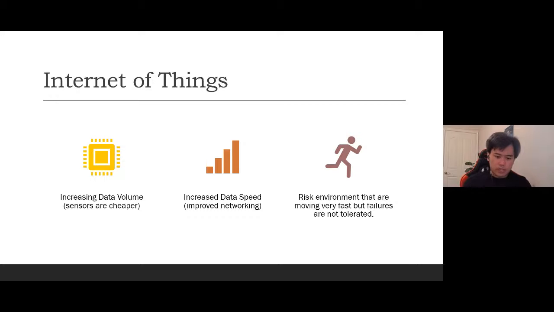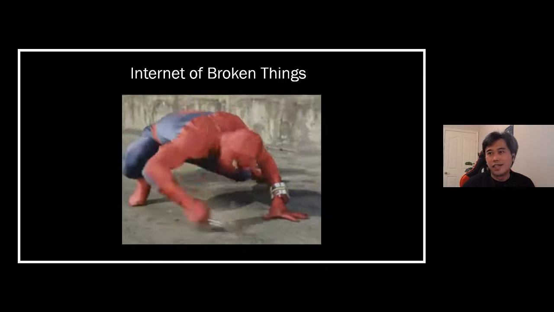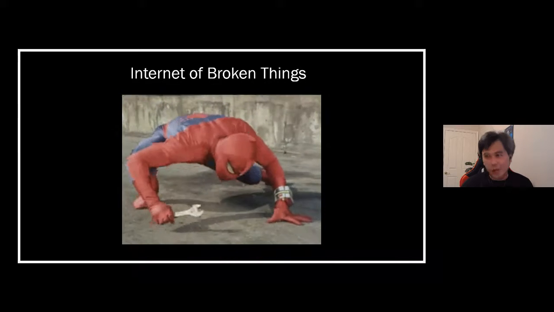As we move to the next generation of Internet of Things applications, it's becoming part of our livelihood, our lives. And so when it doesn't work, it becomes an internet of broken things.